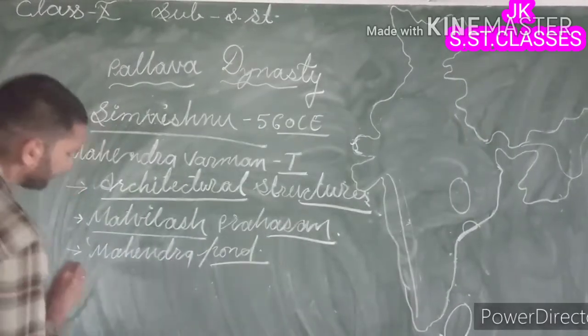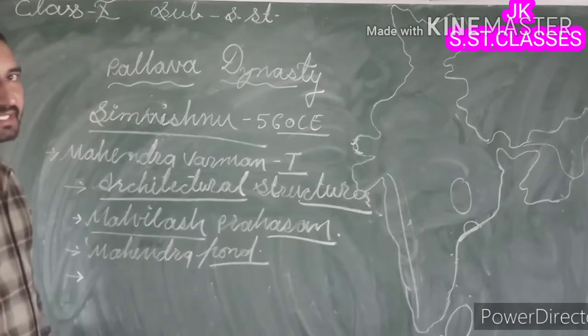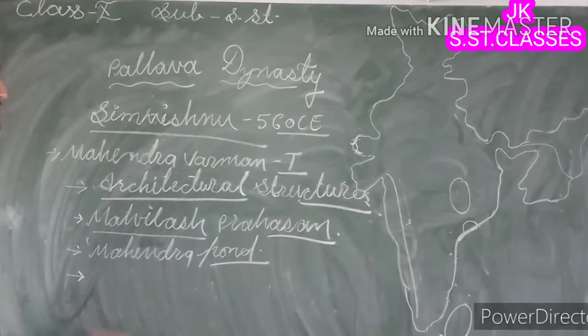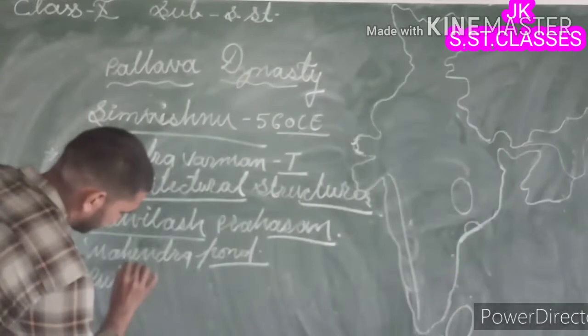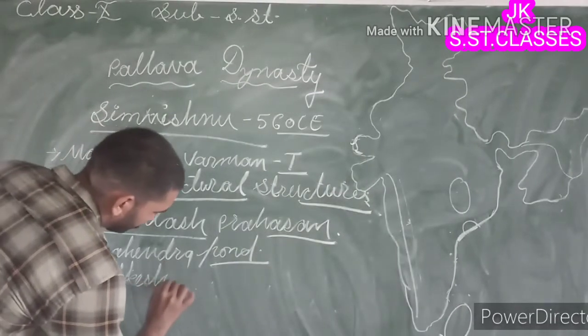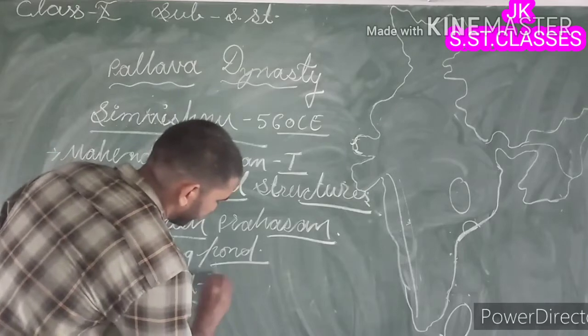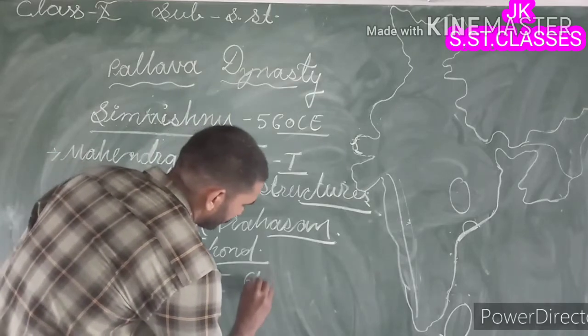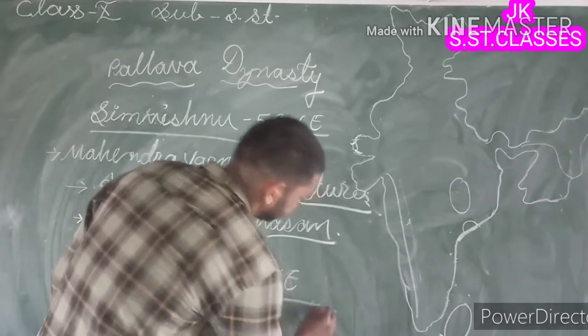Guys, the next very important thing in the life of Mahendravarman I is that he was defeated by the Chalukya ruler Pulakeshin II, the most powerful Chalukya ruler, in 610 Common Era.